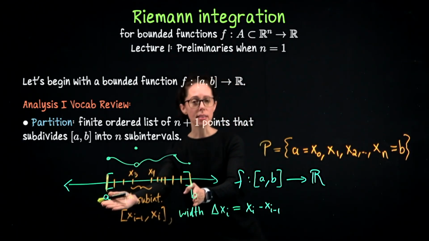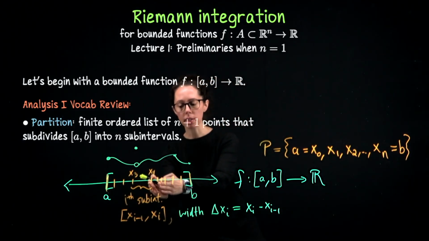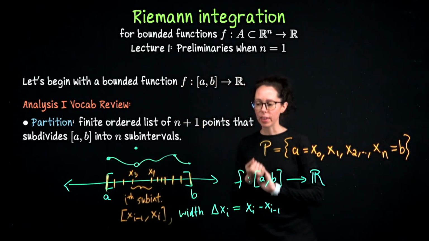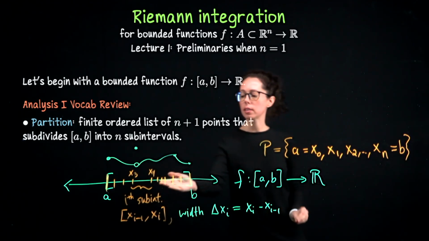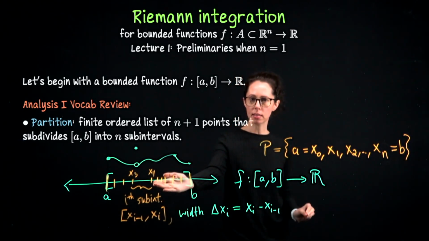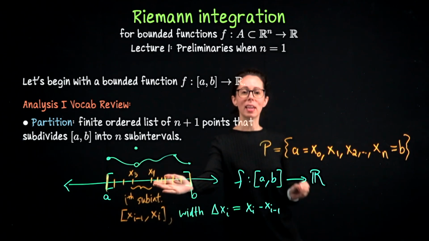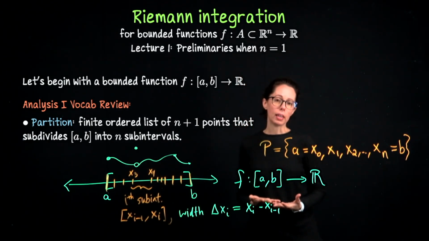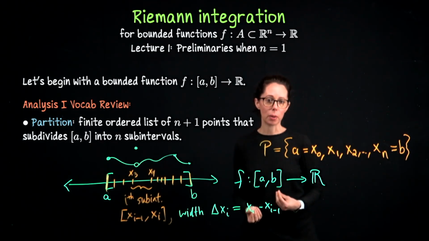to b. Since it's bounded from a to b, it is bounded over each subinterval. Therefore, if I think about a bounded function over each subinterval, it makes sense to identify its supremum and infimum for the function outputs. It could be that the function attains its supremum and infimum.